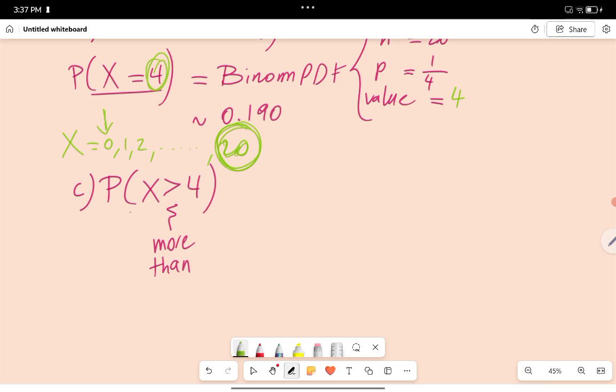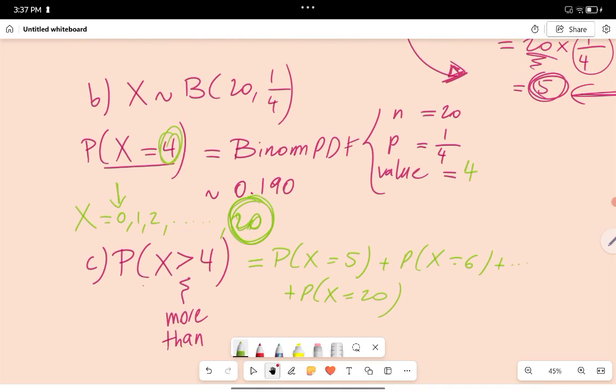If we say X is more than 4, that means the probability that X is 5, isn't it? Plus the probability that X is 6, plus up to the probability that X is 20. So we can do all of that stuff and we do the same as here.